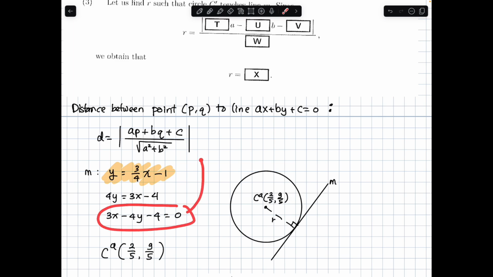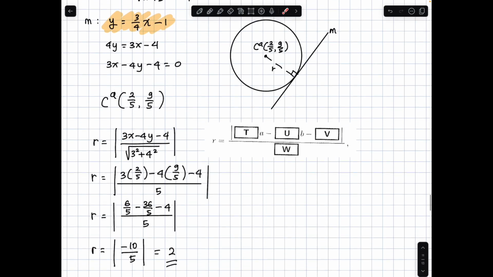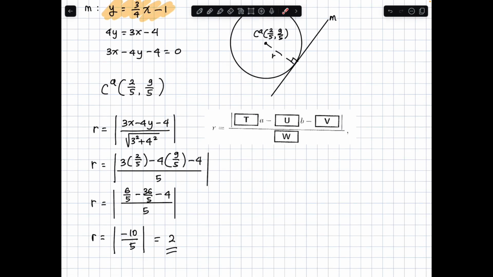You just put it here, which is this is A and this is B, and this is C. So we got the value of A is 3, the value of B is -4. You will need to put the value of A into here, and the value of B also into here. So here I rewrite the equation of the line, and this A and this B actually come from here.